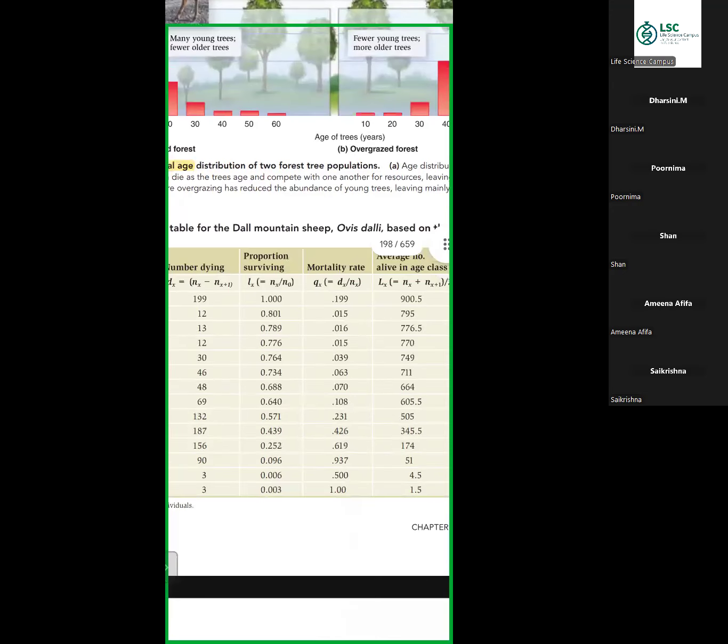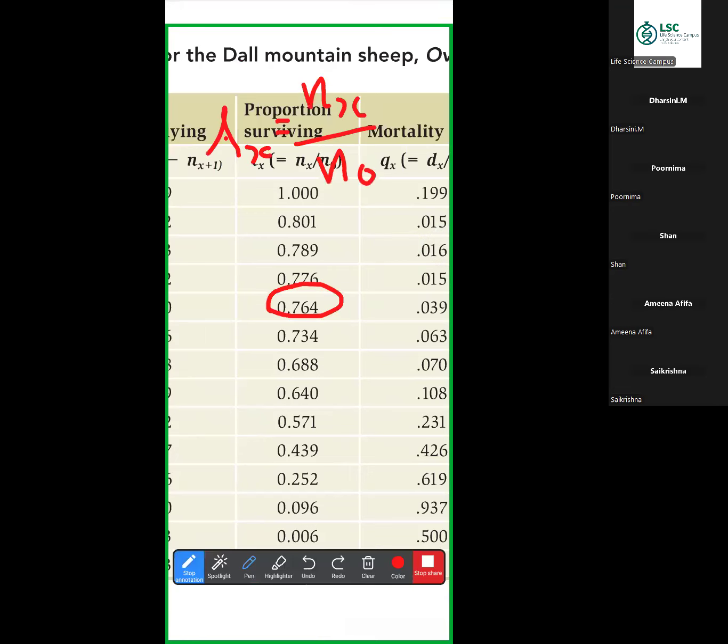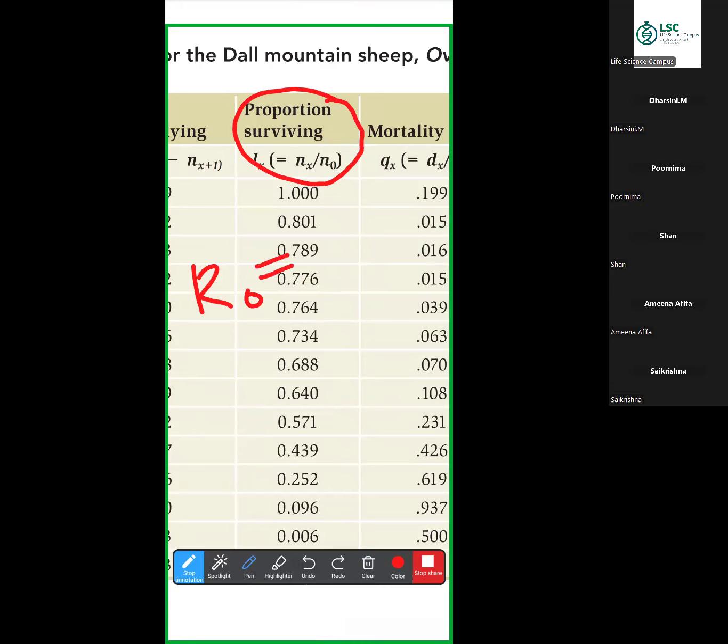This is the lx, proportion surviving. So R0 is given by sigma lx mx, where lx is proportion surviving and mx is age-specific fertility rate.